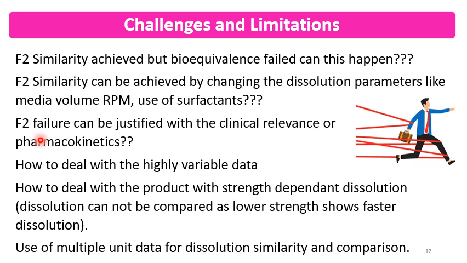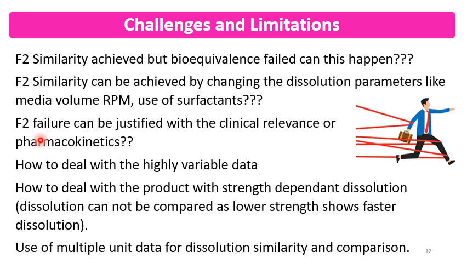With F2 similarity, the bioequivalence should be proved. So always a bioequivalence study is done, and based on that study, the dissolution specifications are finalized, and then that batch dissolution will become the reference for the comparison for the other strengths and for the super.